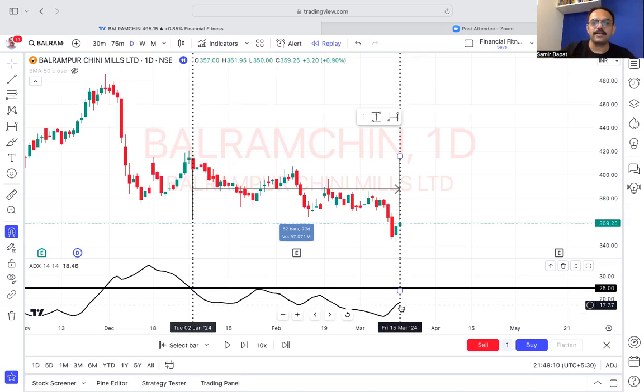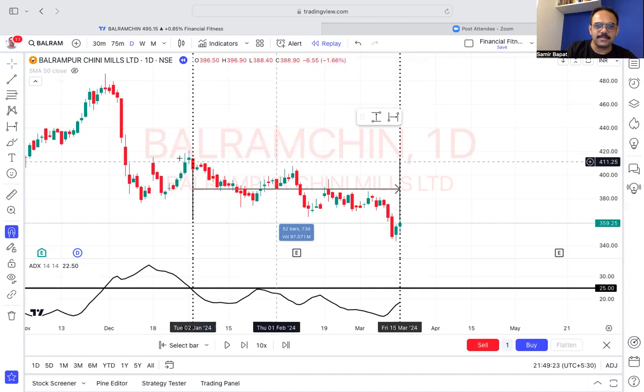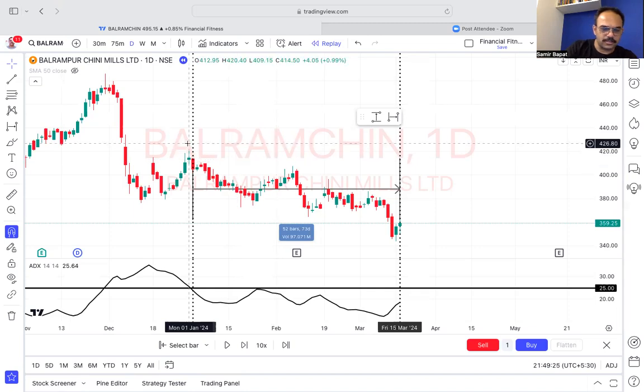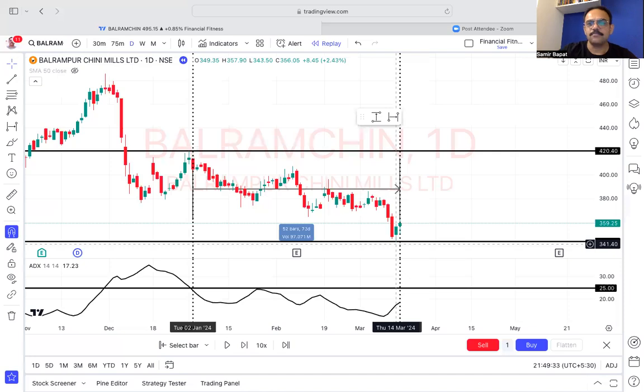Okay, what is the trading opportunity? What we will do is we will join the high here, the highest point we see in the last 52 days. It is slightly short by one day, we can take it from here, or you can take it from here too. Let's take this to be on the safer side. This is the highest point in this band, and this is the lowest point in this band.